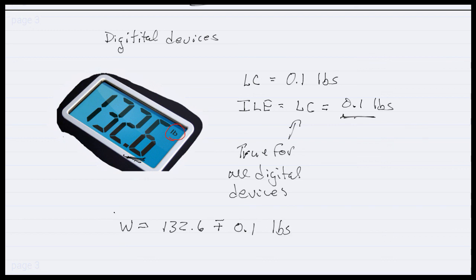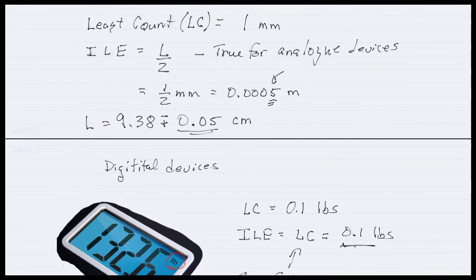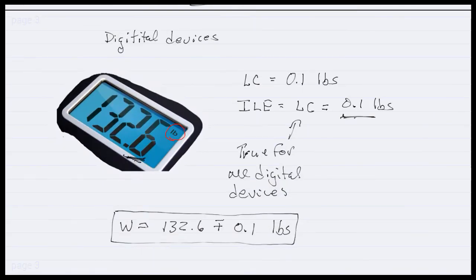So here is how I would take into account the error in measuring something with this particular scale. Okay, so that is a quick explanation of errors and how they are incurred using devices. I hope this was helpful.